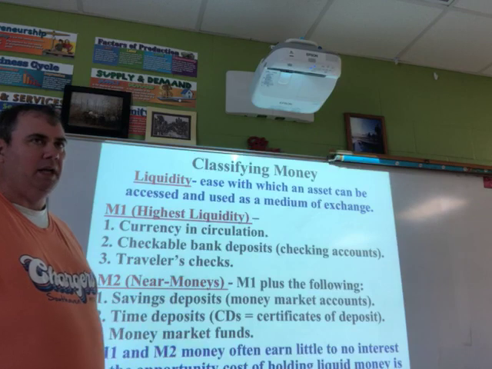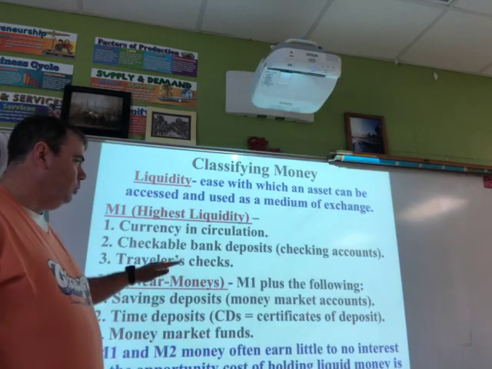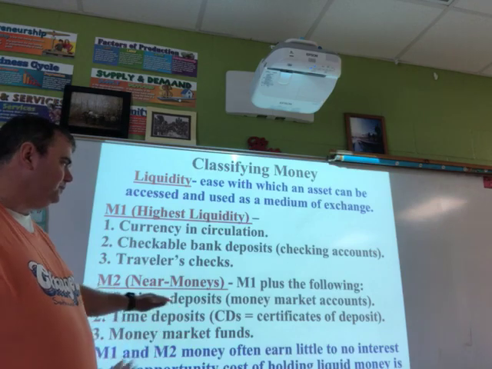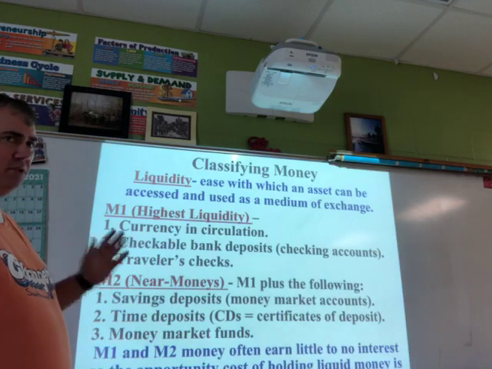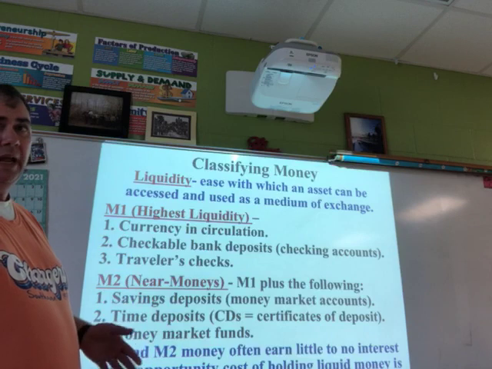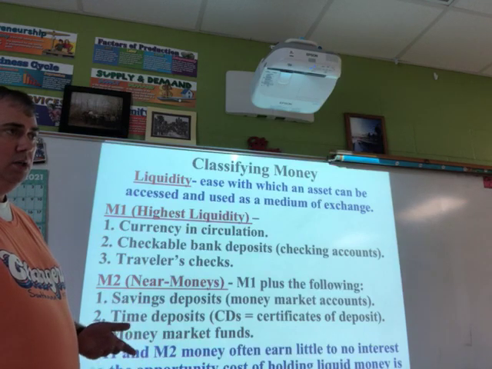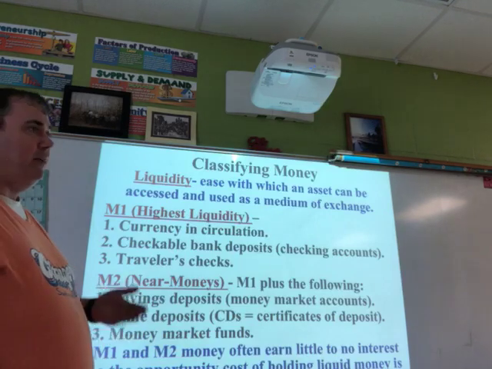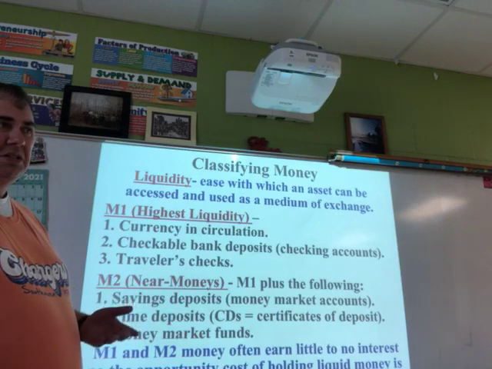M2 is near money. M2 is M1 plus these things, savings deposits. Say, like some of y'all probably have a savings account and a checking account or a debit account. Sometimes they just call it debit accounts now. Okay. Well, that savings account, you can't just get that money, right?